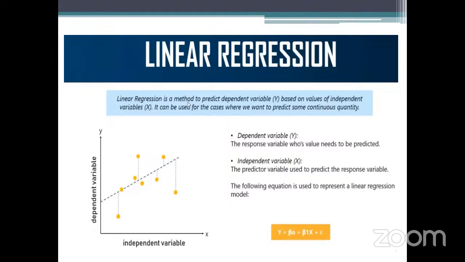I hope all of you remember that math equation for the linear line. Similarly, the linear regression equation is represented along the same lines: y is equal to mx plus c, with a little bit of changes, which I'll tell you.